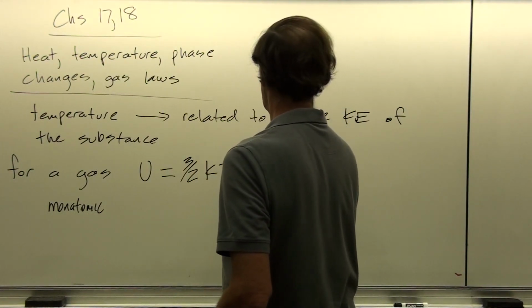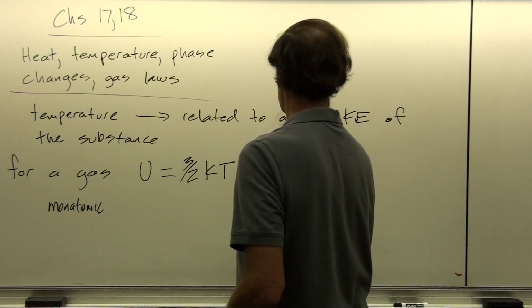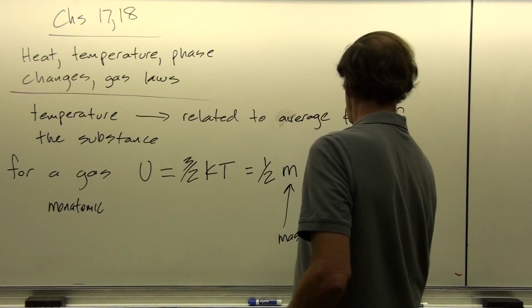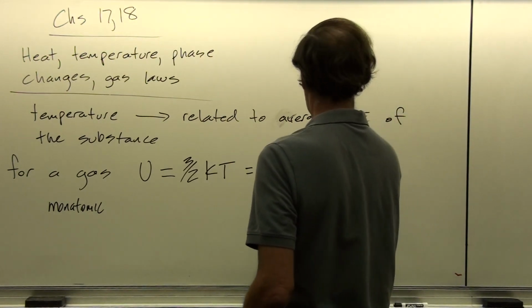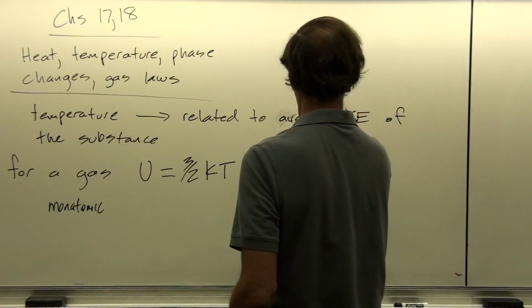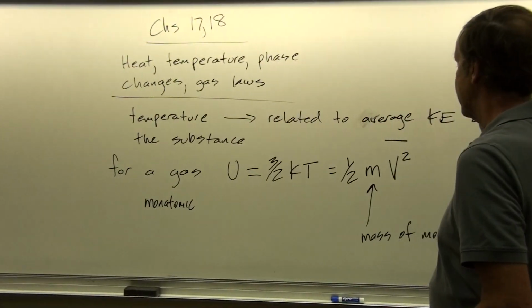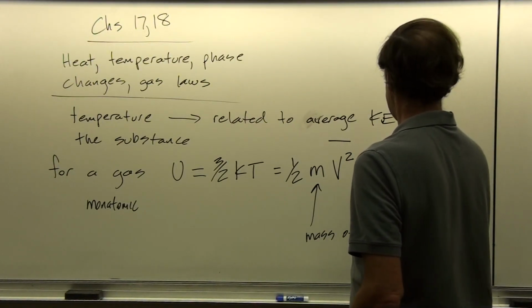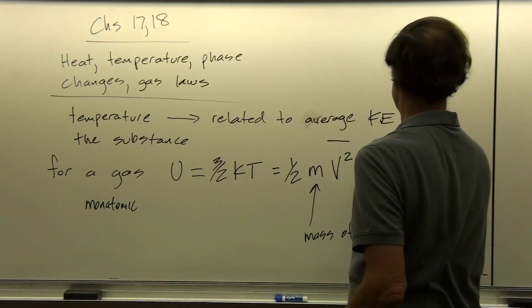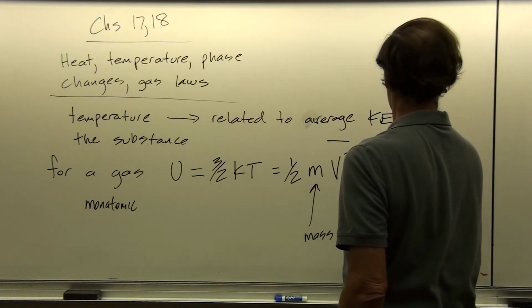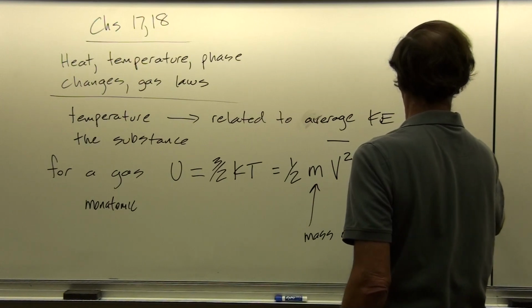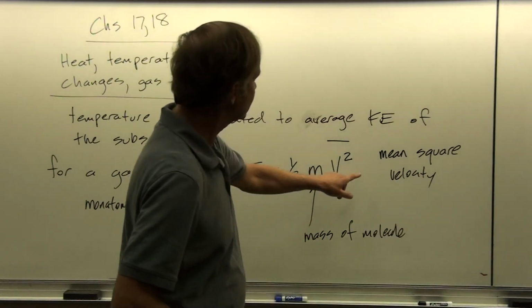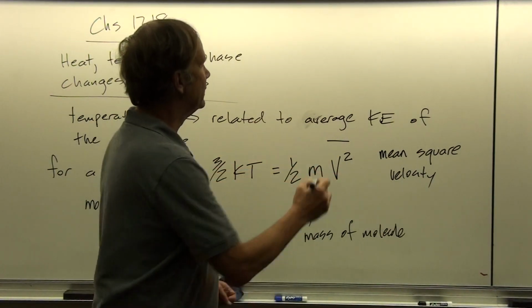And that's equal to 1/2 times the mass of a given molecule times the average of the squares of the velocities. Okay, so this is the mean square. Now this is different from the square of the mean.